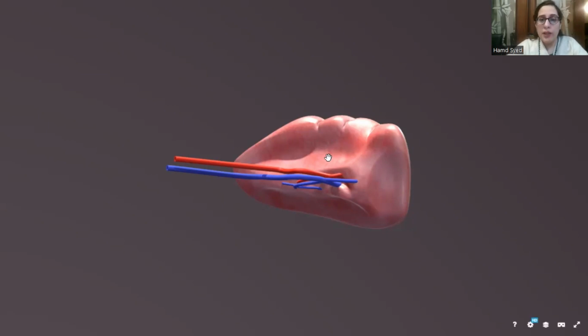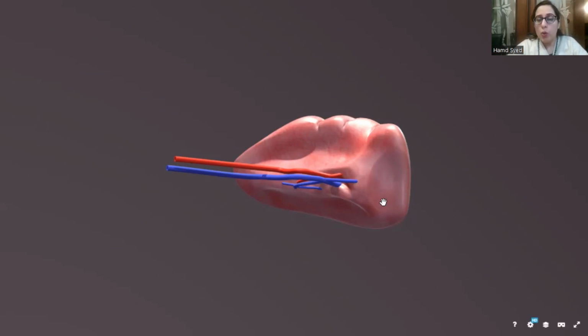So where you have the gastric impression, remember it is lying adjacent to the upper part of the body, the fundus, and the upper greater curvature of the stomach. And where you have this here renal impression, it is lying adjacent to the anterior surface of the left kidney and sometimes also the left suprarenal gland.